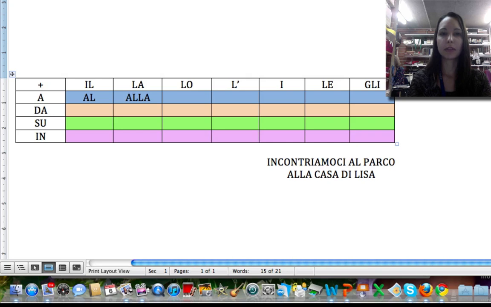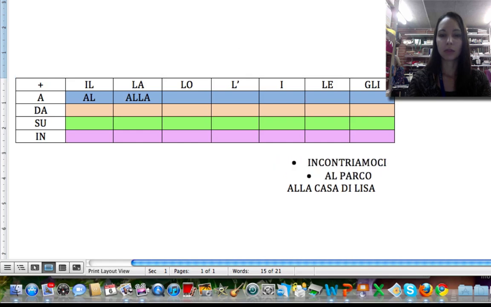Another example, let's say that we want to meet at the stadium. Stadium is lo stadio. So we need to combine a plus lo, and that combination becomes allo.